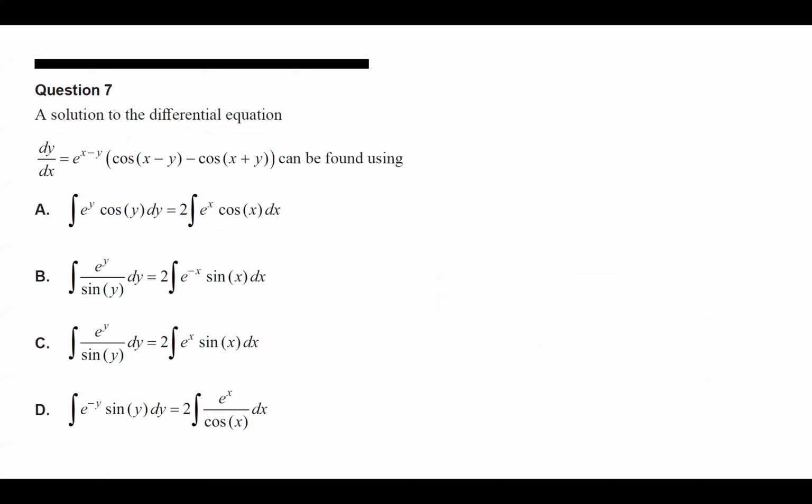Question 7 is a simple calculus or differential equation question. We call it a separable differential equation. So the key thing is we have a combined term here, like cosine of x minus y minus cosine of x plus y. Of course, we can make this bracket simpler.